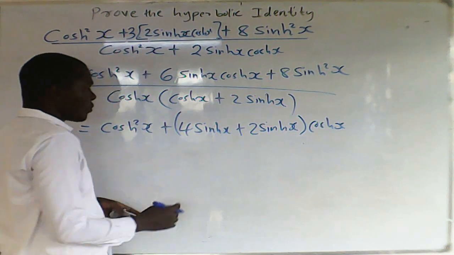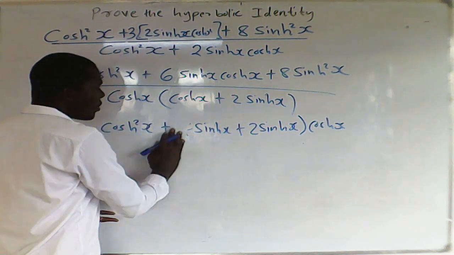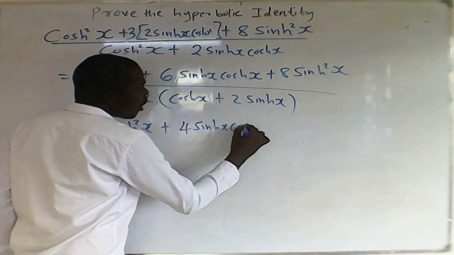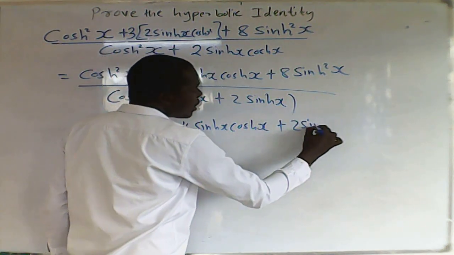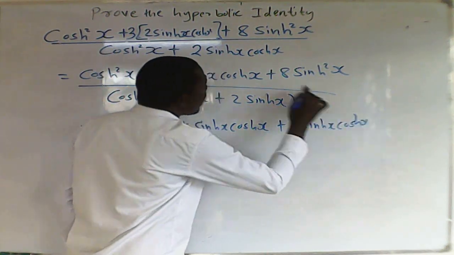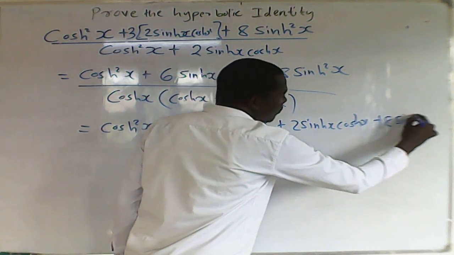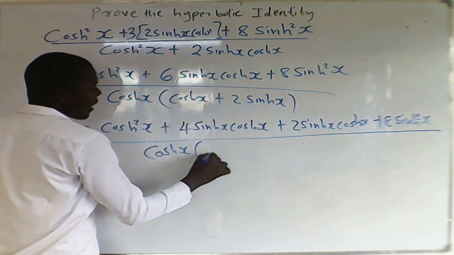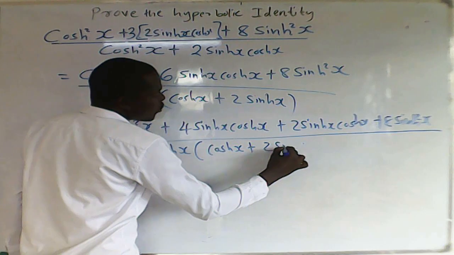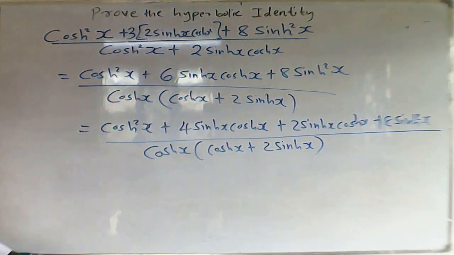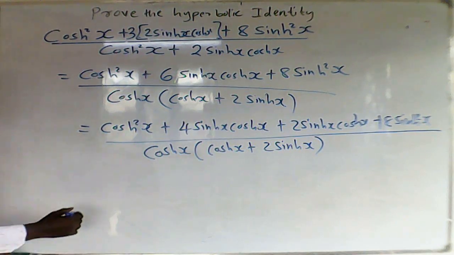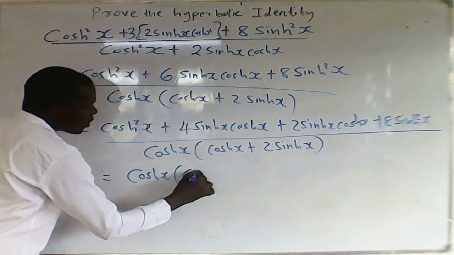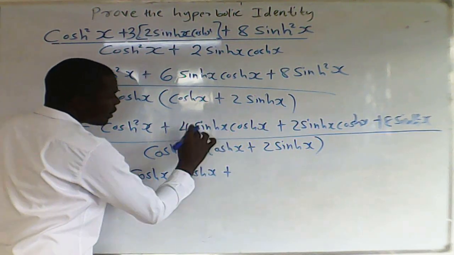Let us just open it to minimize space. That is going to be 4 sinh x cos x plus 2 sinh x cos x, plus 8 sinh squared x, then everything is over cos x into cos x plus 2 sinh x. Collect the common factor, cos x, in the first two terms: if you remove cos x, you get cos x into cos x plus 4 sinh x.